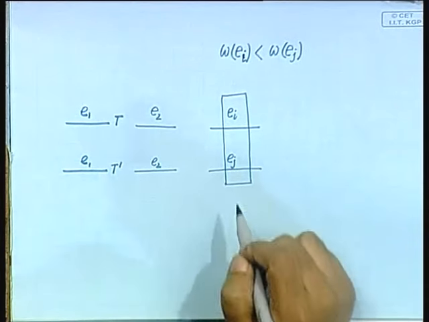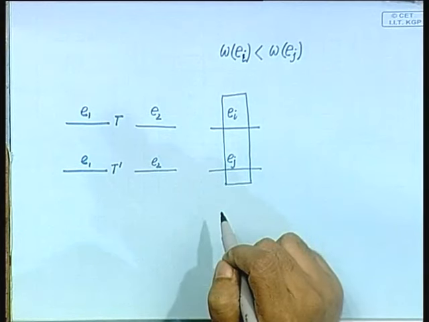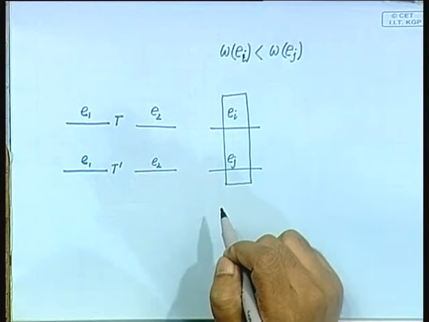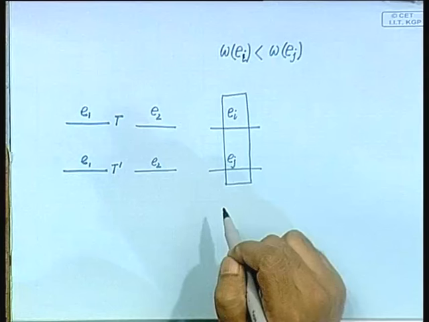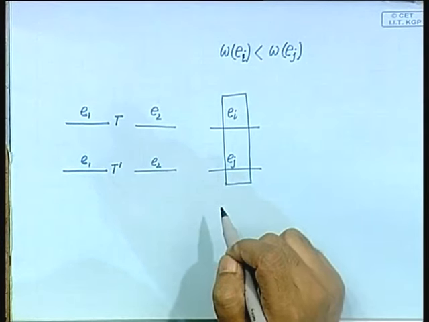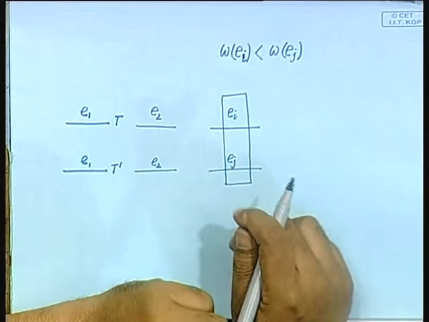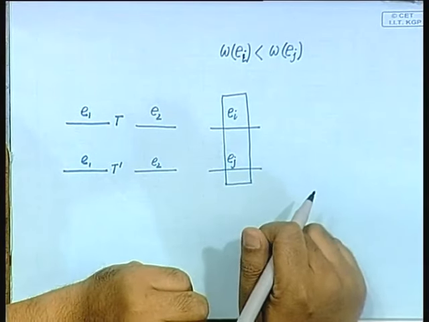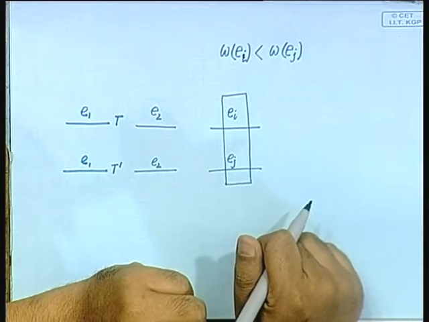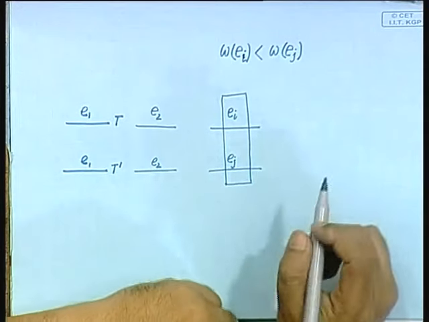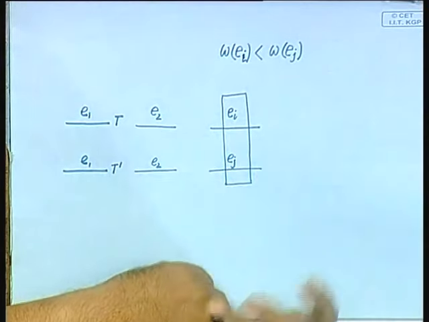Take out the edge Ej from here. Okay. And then what are we going to do? How do I know that putting Ei there is going to... okay. Let us look at it the other way round.